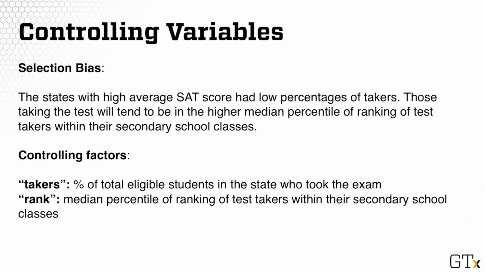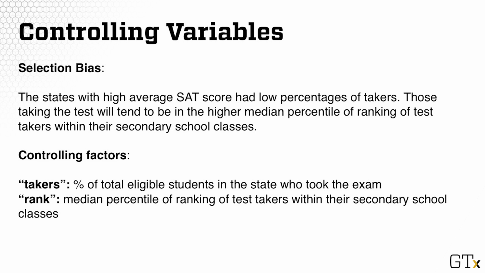Back in 1982, not all colleges required the SAT for admission, particularly those in the Midwest. This resulted in the states with high average SAT scores having low percentages of takers. The reason is that only the best students planning to attend college out of state took the SAT exams.